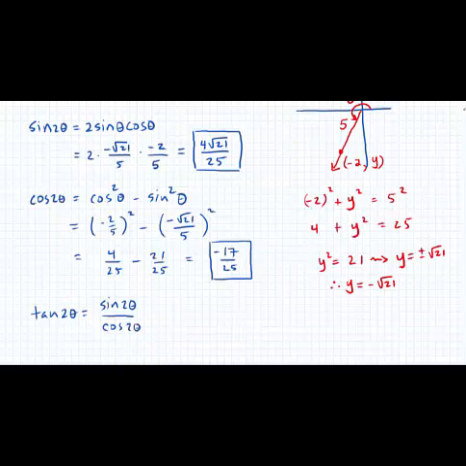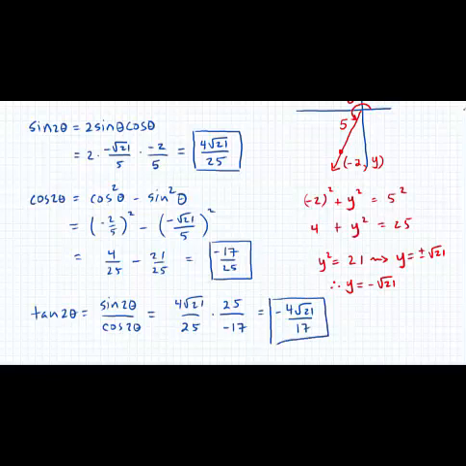So sine of 2 theta divided by cosine of 2 theta is the same as the multiplication by the reciprocal. And we have that the 25s are canceling, so we end up with 4 root 21 over 17 with a negative in front. So that will be tangent of 2 theta.